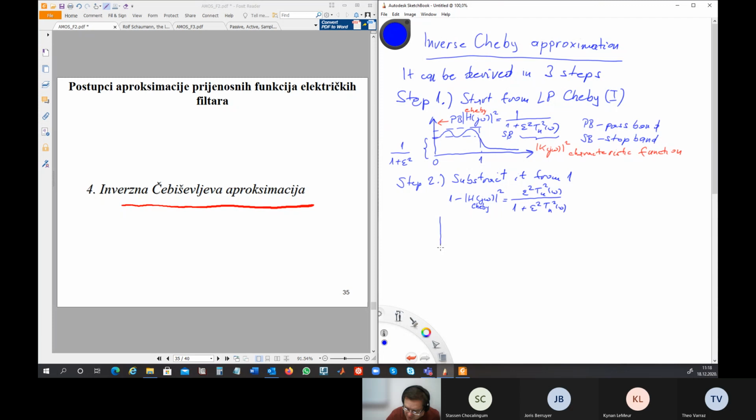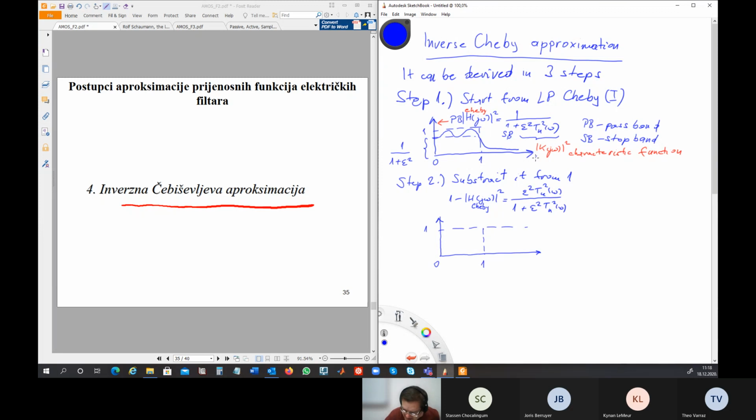It is interesting to plot it. What you get is something like this. Here is unity. Here is unity. So we have gain from 0 to 1.